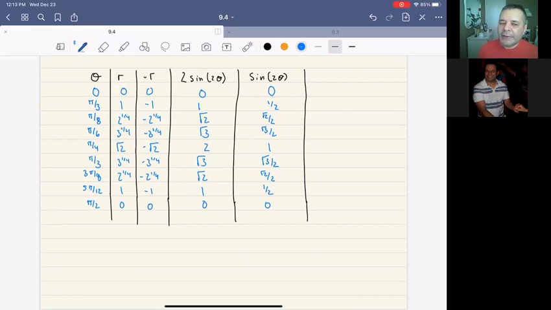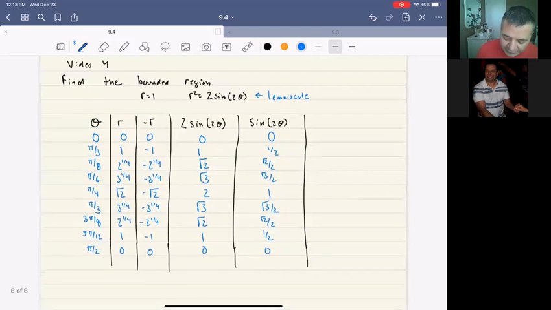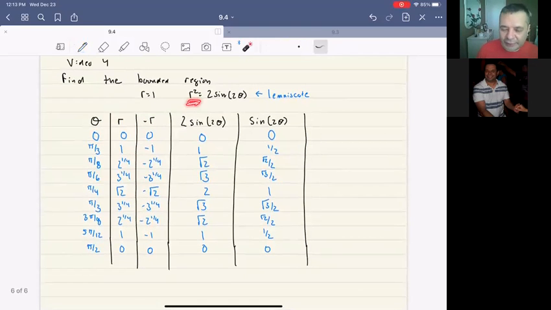Now, we don't go beyond that. Okay, why? Because if we go beyond that, we're going into the third and fourth quadrants where sine is negative, right? And if sine is negative, we can't solve this. So remember, we need to basically say that our 2 sine of 2 theta has to be greater than 0.